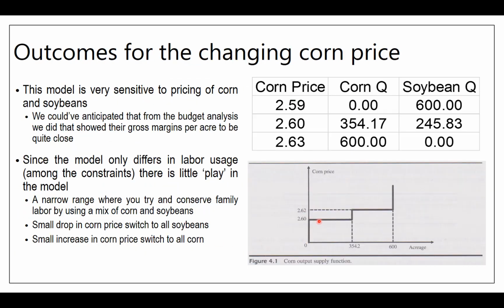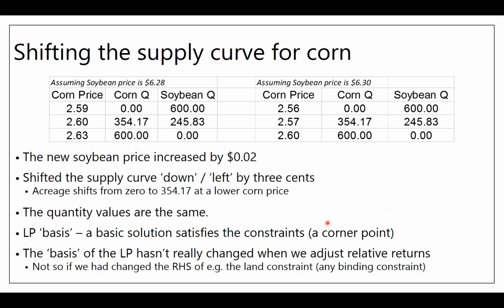So a parallel shift down, so instead of 260, it's now 257. Instead of 263 or 262, it's now 259. And so you shift this down sort of parallel to each of these line segments, just like you would think of doing in a sort of straight line linear supply model.